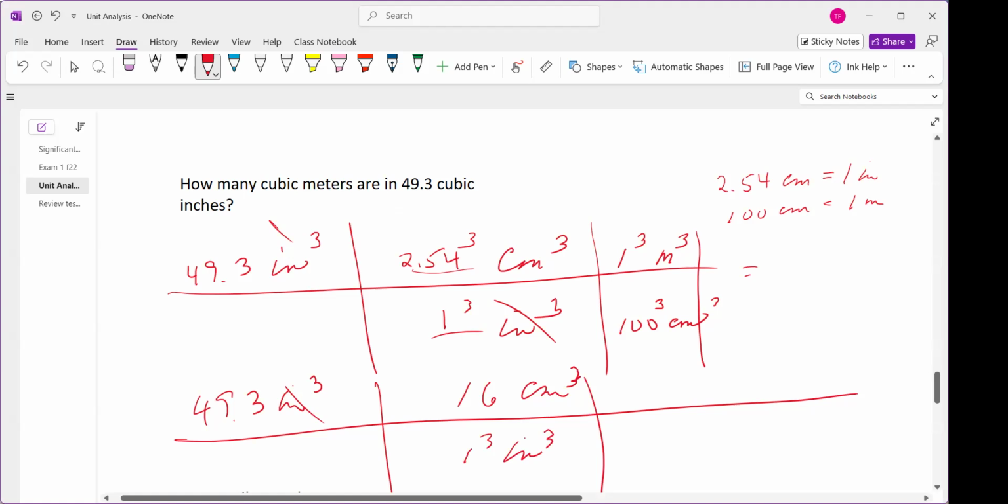Okay, all right, now we're in centimeters. Now we need to get over to meters. Okay, so 2.54 cubed is 16. So we need to get in cubic meters.